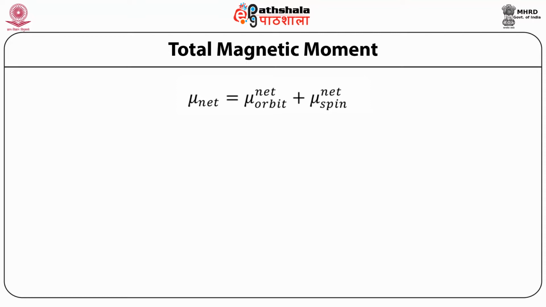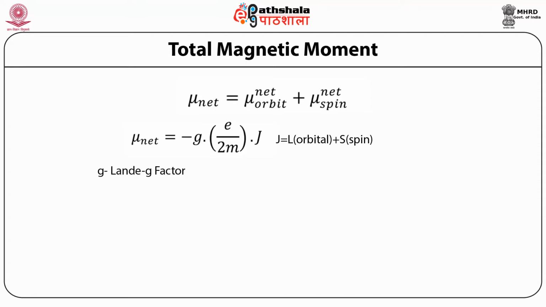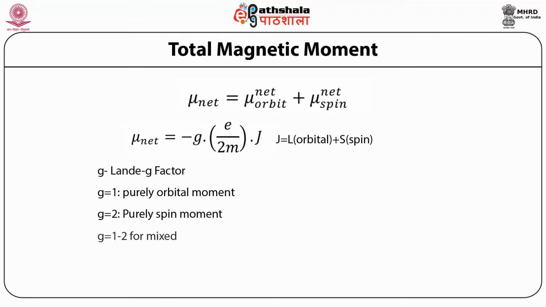The net moment can be expressed as mu net is equal to minus g e by 2m into J, where g is the Landé g factor and it is 1 for purely orbital moment, 2 for purely spin moment, and in the range of 1 to 2 for mixed.